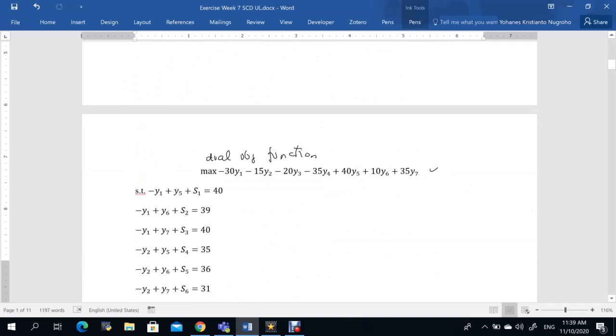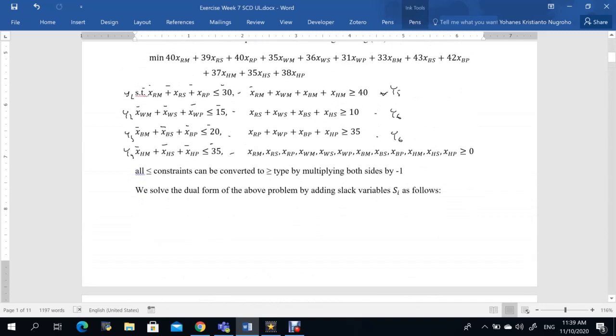Plus y5, because the same sRM exists in y5, right? So minus y1 plus y5, because there is no change on this equation. So minus y1 plus y5 equal to 40.